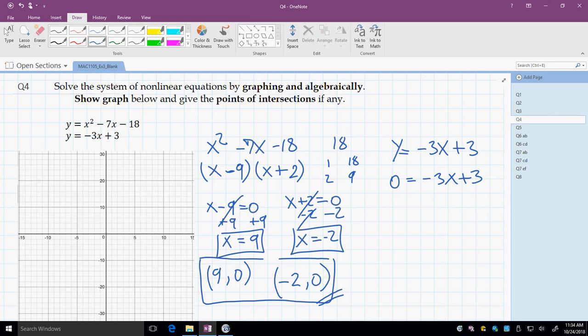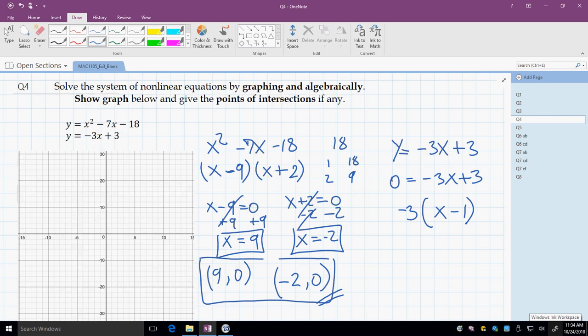This one, you see, I told you sometimes you're going to have a binomial, a trinomial, a monomial. This one is like a binomial. So the only thing that you could pull out is negative 3. So if I pull out negative 3, I will have x minus 1.